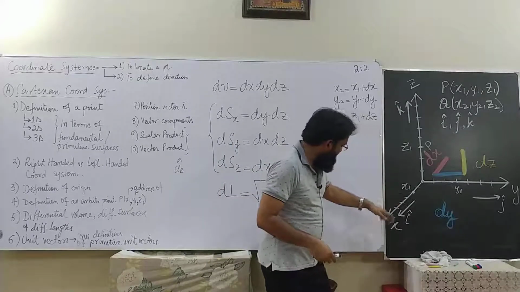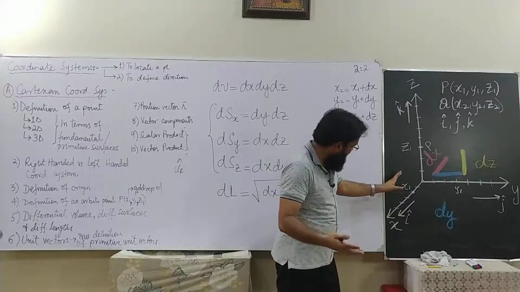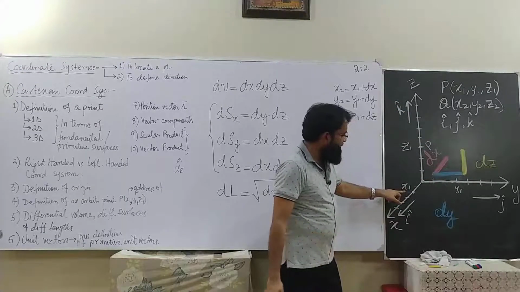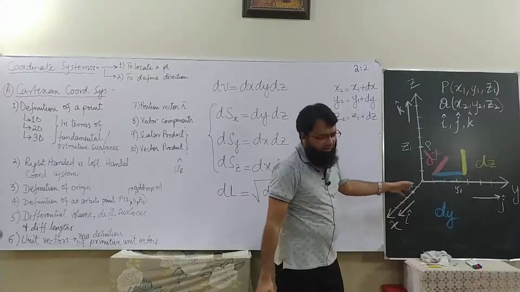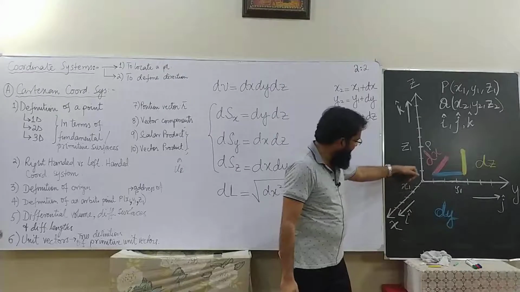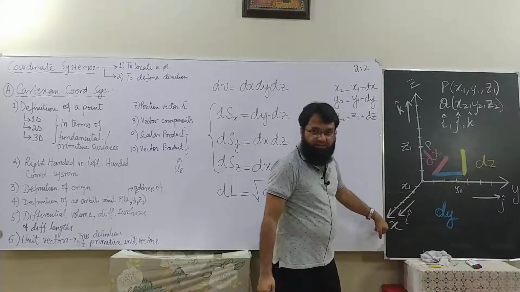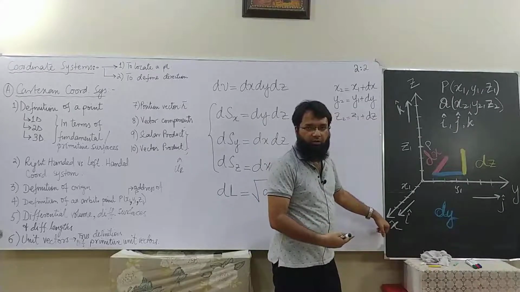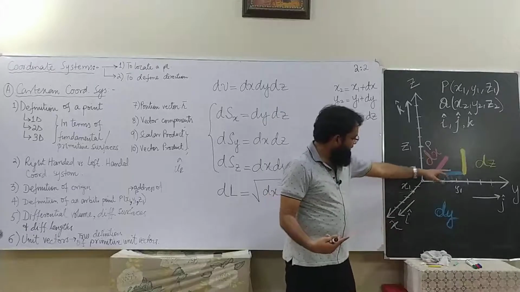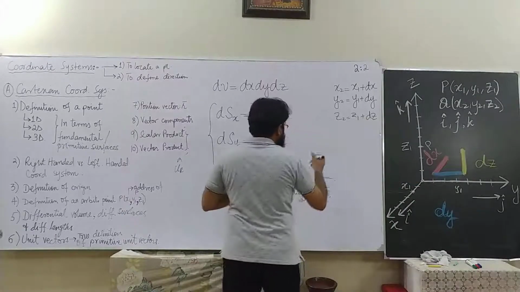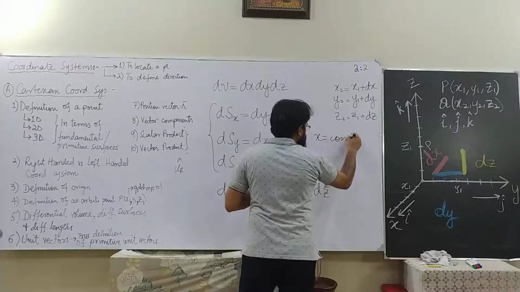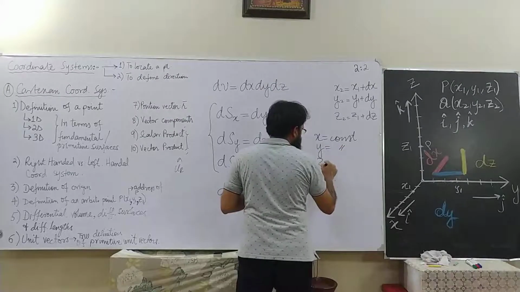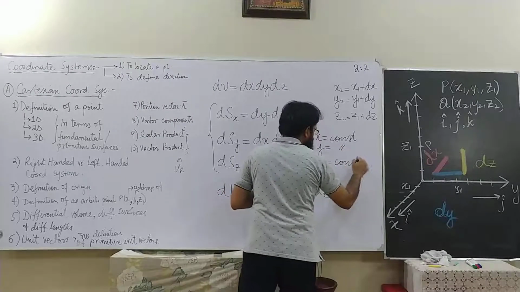So x equals constant is a YZ plane intersecting x at x1 or at any constant value, and is perpendicular to the x axis. We have talked about that. Similarly, x equals constant is perpendicular to x axis, y equals constant is perpendicular to y axis, z equals constant is perpendicular to z axis.